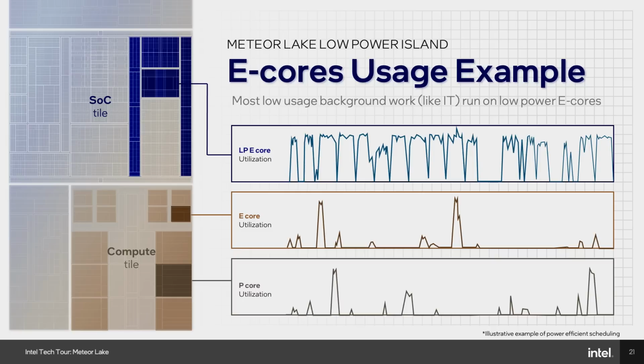And this helps us get power benefits. But when we need that high demand, high performance work, we have our compute complex, we run things on that, and we deliver on performance as well. So we have the low power island, the cores that are in the SoC. Mm-hmm. Then we have the E-cores and the P-cores that are on the compute tile. Yes. And so all those three is what we call the 3D performance architecture.